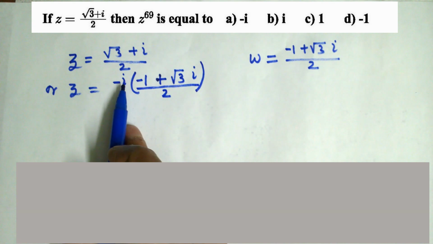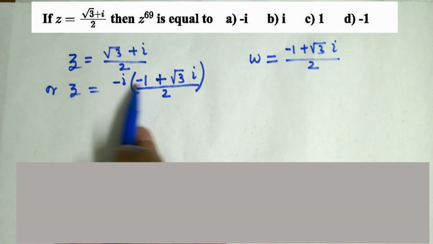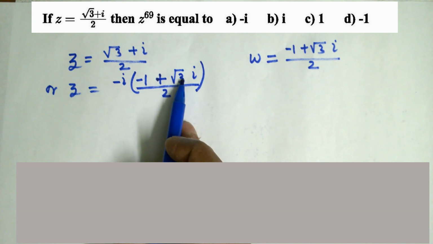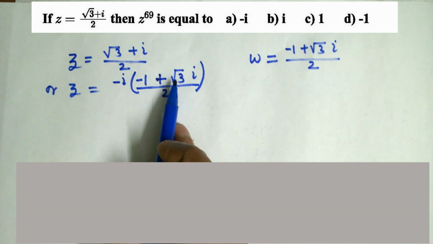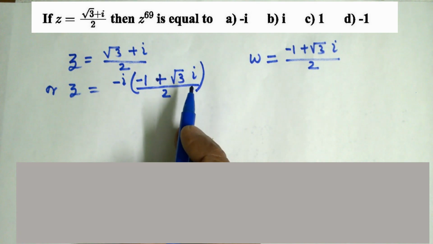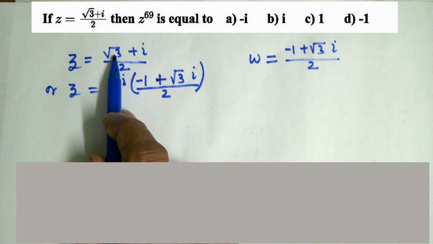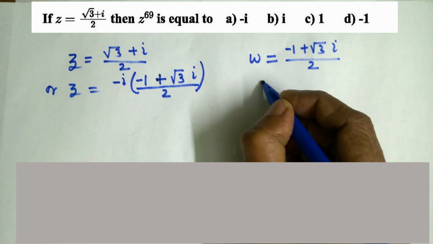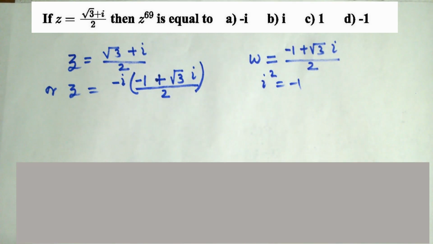If we multiply minus i with minus 1 plus root 3 i, we get i minus root 3 i square, and here i square is equal to minus 1, so ultimately plus root 3.